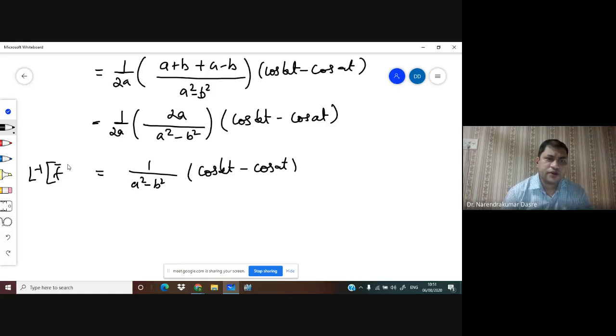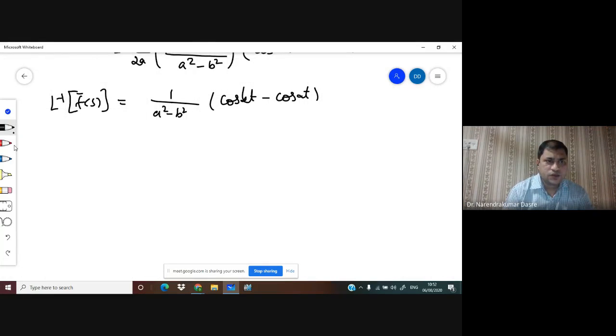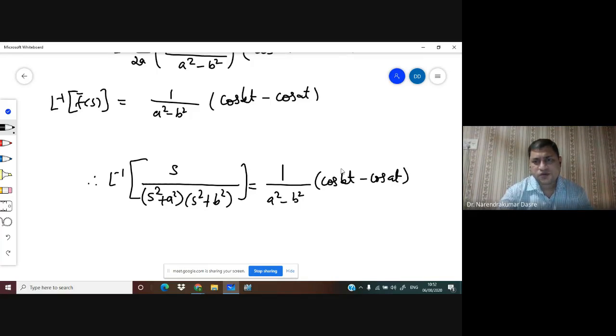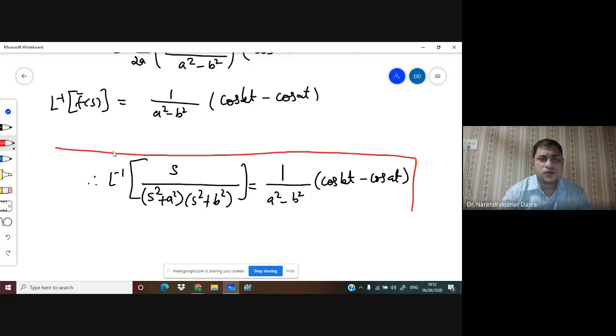So this is what we have obtained as the Laplace inverse of f bar of s. Hence, Laplace inverse of s upon s square plus a square into s square plus b square is equal to 1 upon a square minus b square, and here we got cos of bt minus cos of at.